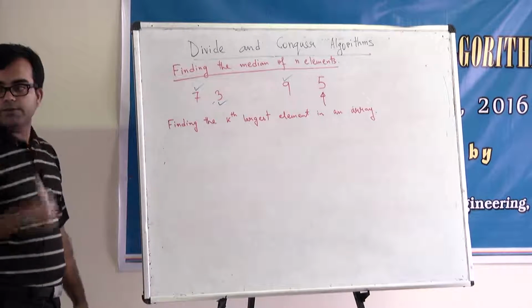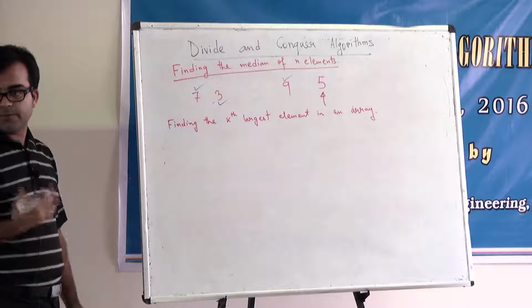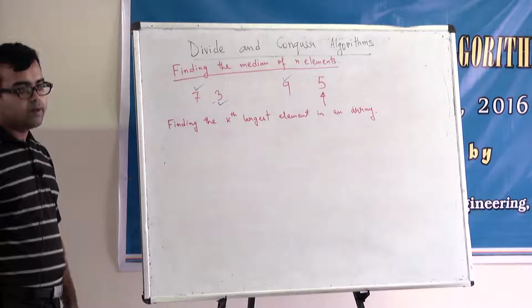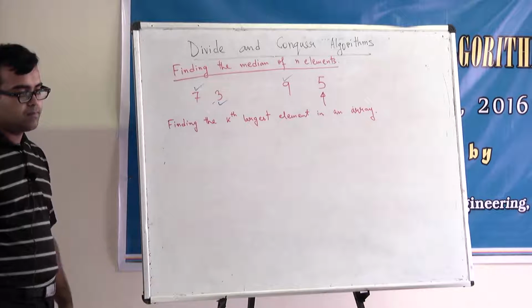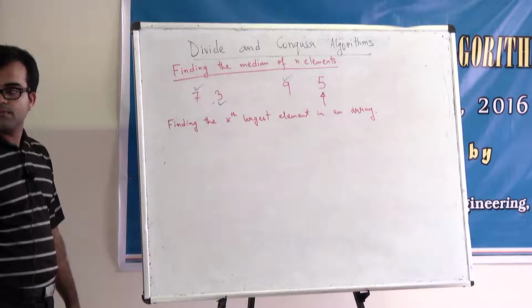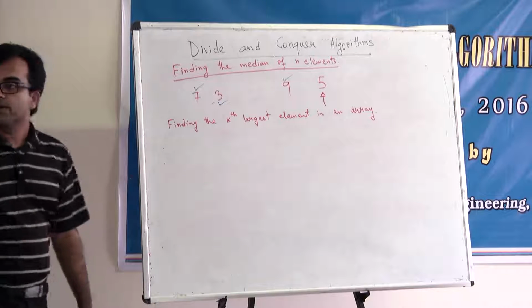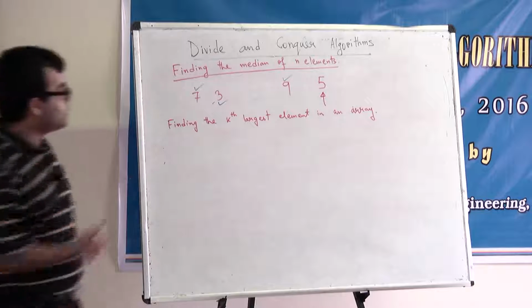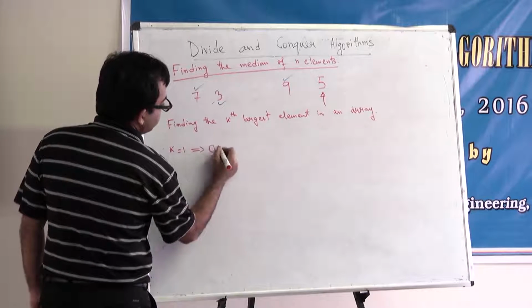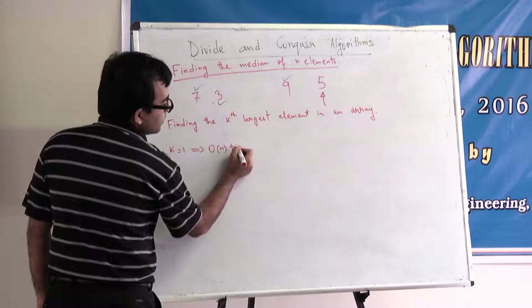If k is equal to 1, it asks for finding the largest element in an array. How fast can you do it? If k equals 1, you can do it in order n time.